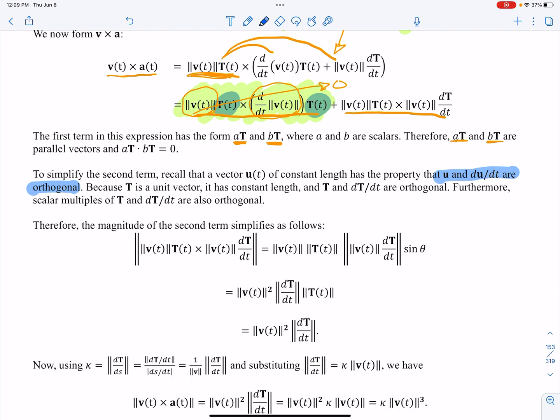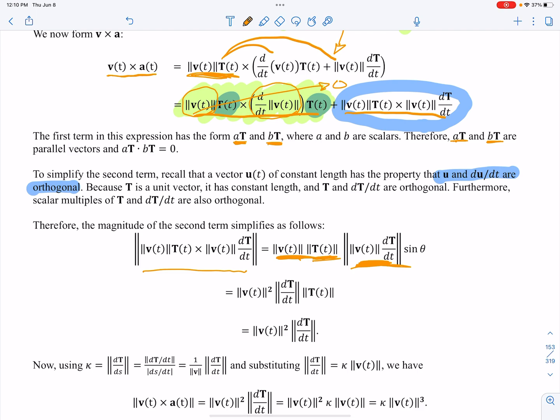Now we have this term here. We're going to take that term and find its magnitude. So that's what we got here. If we take its magnitude, this is a definition that we came up with in a previous video. I know it's this vector, the magnitudes of each one separately, and then sine of the angle between.